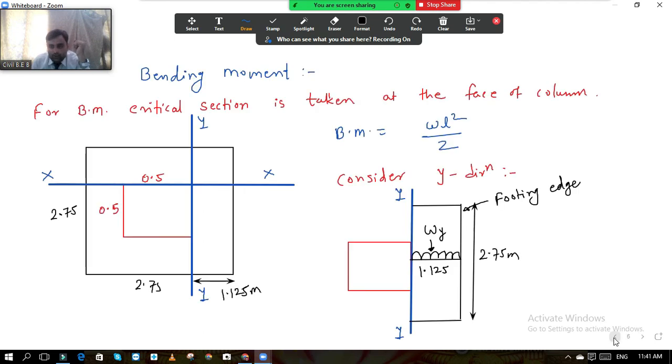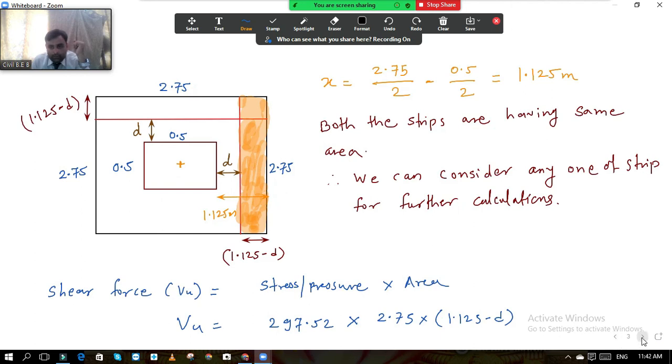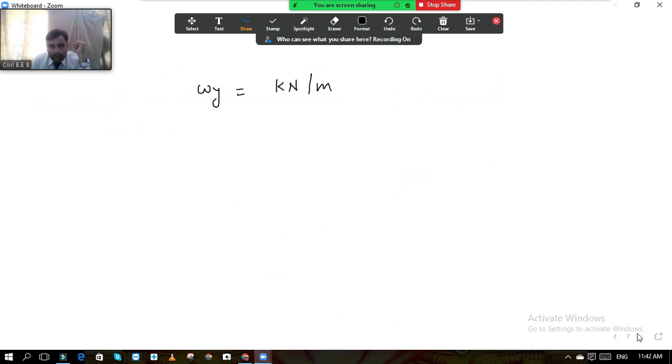This WY is nothing but UDL, and its unit should be kilonewton per meter. We know the intensity of the soil. What was the value of the soil intensity? It was 297.52.